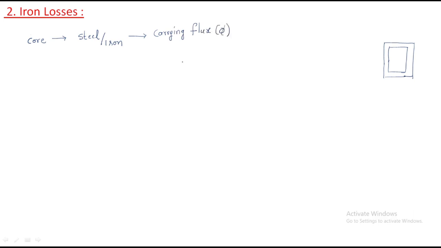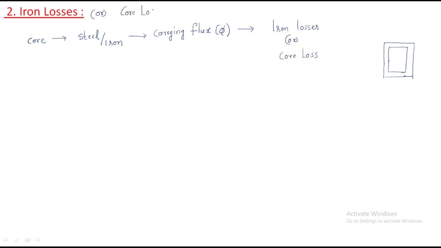Wherever the flux is present, automatically it has some losses. That's why they are called iron losses. Another name for iron losses is core losses. So we can call it iron loss or core loss.